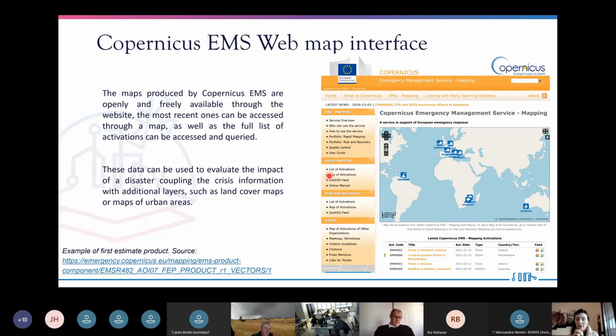All maps are shared unless there could be some security reasons. Imagine that some maps are produced in case of a conflict between two countries, in order to avoid difficulties for politics or for security. In some cases, these maps are not shared. Otherwise, they are always shared with everyone for free over the internet.